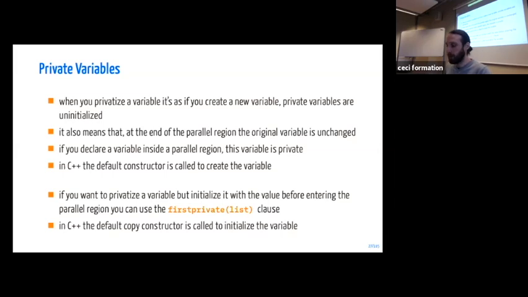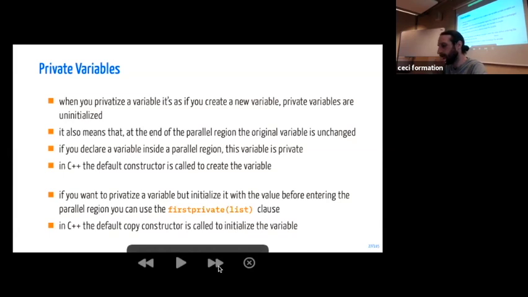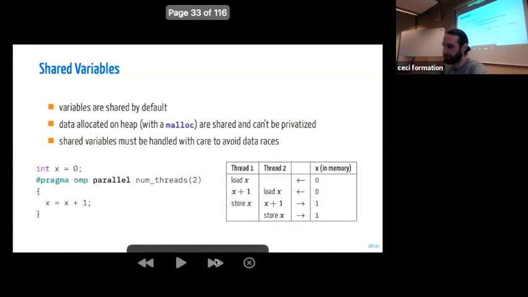It means that the compiler will create a new variable, but also initialize it with the value of the variable before the parallel region. And in the case of C++, when you use firstprivate, the default copy constructor is called to initialize the variables.